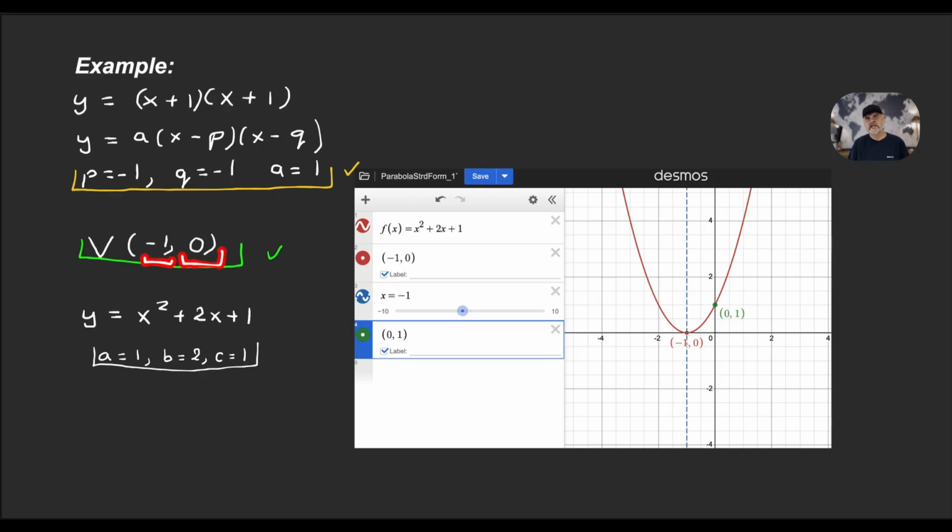When it is 0, it tells you that there is only one point of contact with the x-axis, so the parabola sits on the x-axis. Whether it opens up or down doesn't matter, because there is one point of contact. In this case, it does open up.